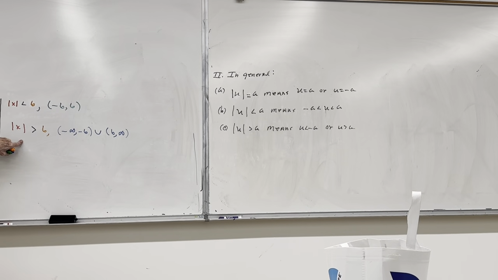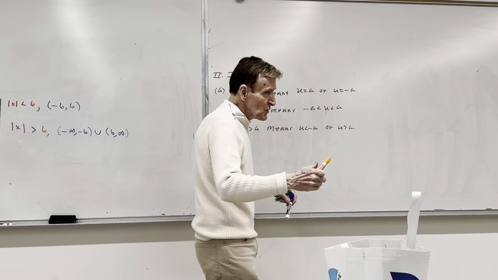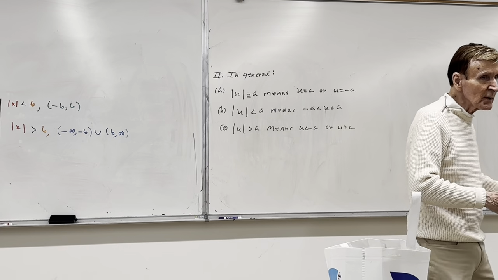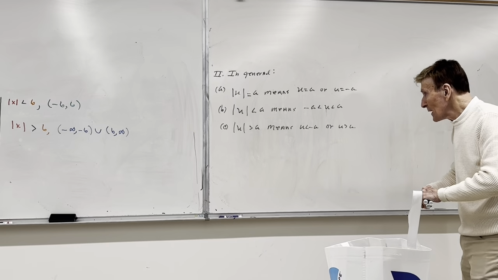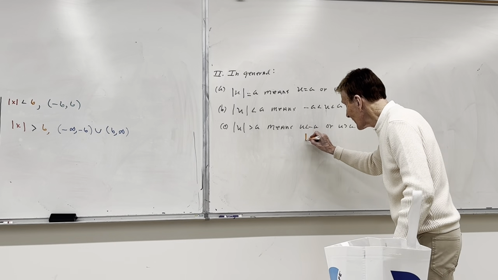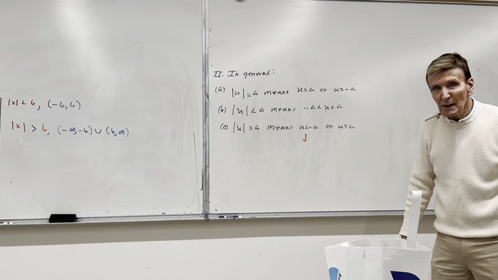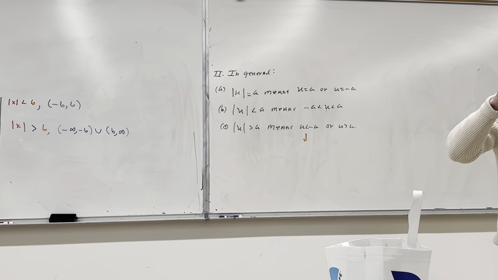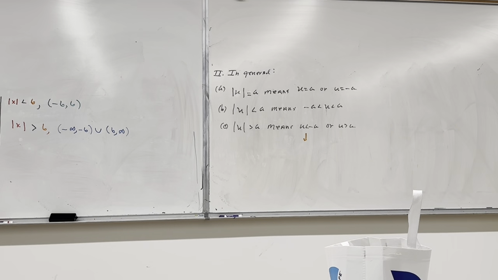Now, since he's giving the rules here, just out of curiosity, they're using a U in your textbook, so I use a U rather than an X there. Can anyone tell me, if U is less than negative A, what does that look like in interval notation?